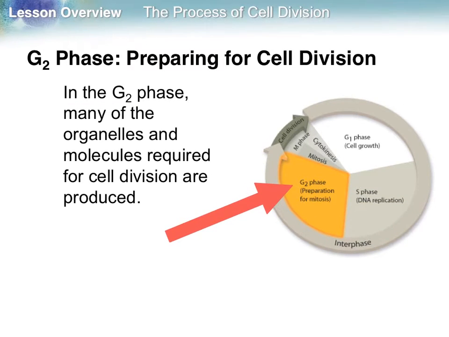During the G2 phase, which is another growth phase, we're making organelles and molecules that we need for the actual process of cell division. So it's our last stage before we actually divide the cell, and it is preparing for the cell division.